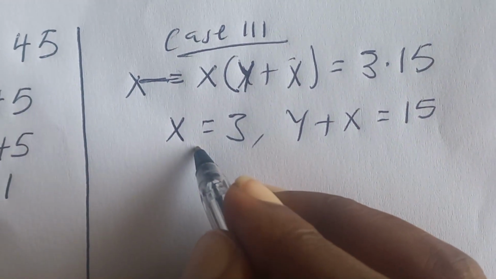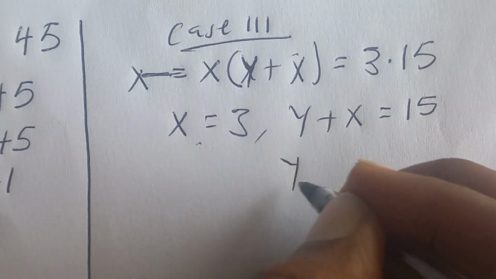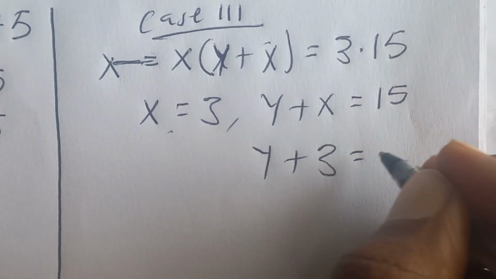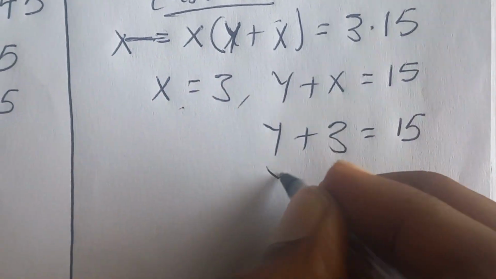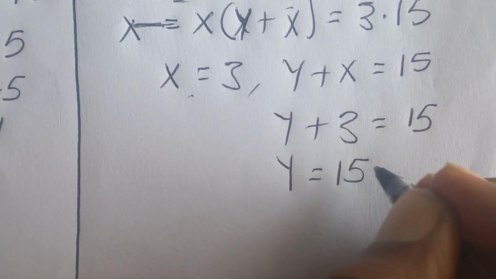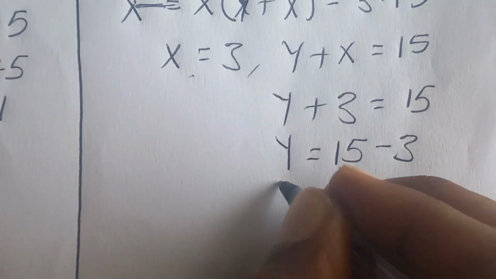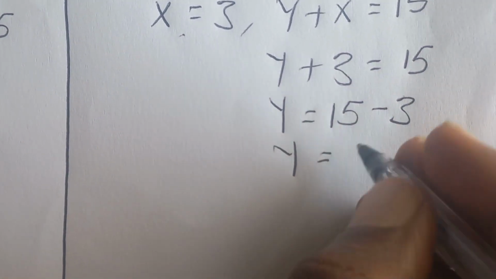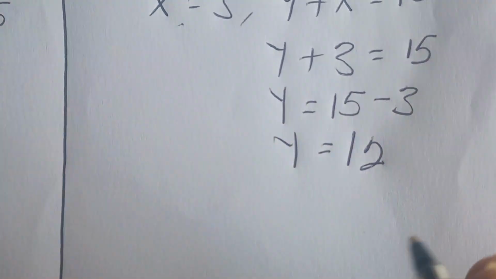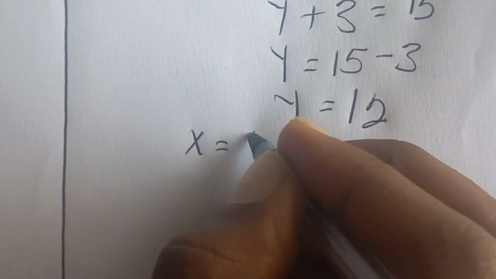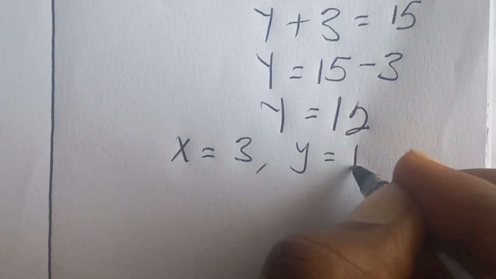Since we know x to be 3, y plus 3 is equal to 15. So our y is equal to 15 minus 3, which gives us 12. So in this case, our x is equal to 3 and y is equal to 12.